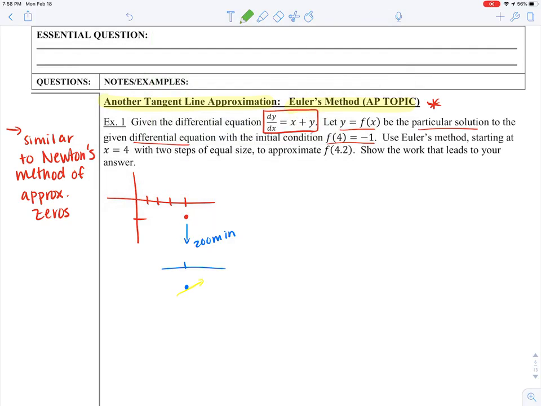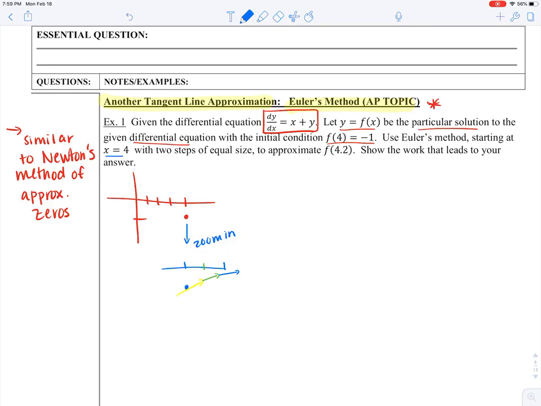And then I go build another tangent line a short step away. And then I go build another tangent line a tiny step away. If I keep building successive tangent lines, I should be able to come up with an approximation for where my point will fall, or the next point, okay? An approximation for my function.